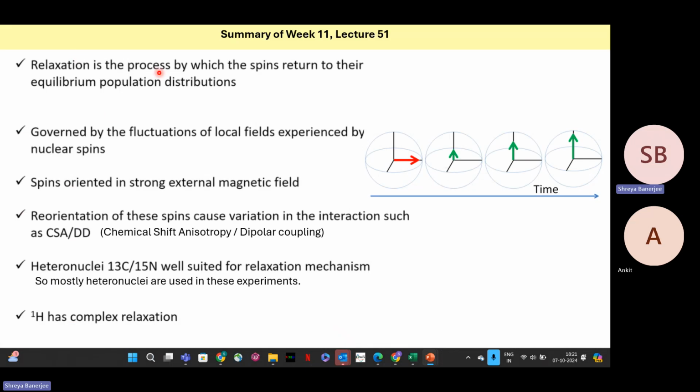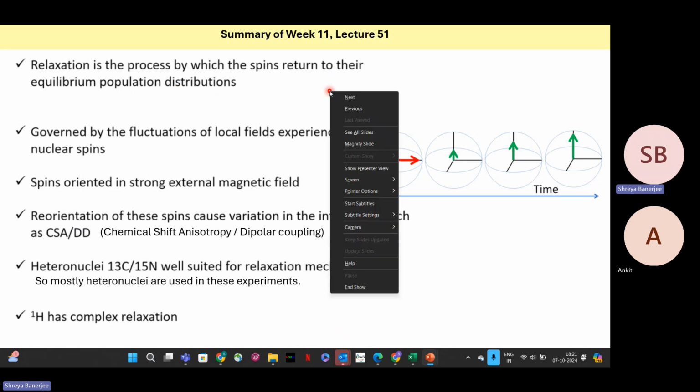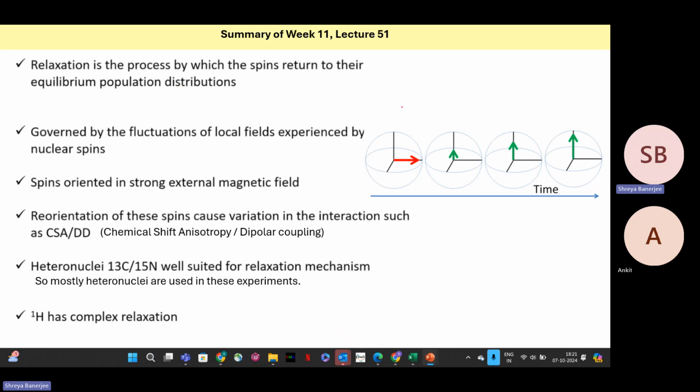Right. So relaxation is the process by which the spin returns to its equilibrium population distribution. We know that the initial magnetization is in the Z direction. A 90-degree pulse is applied and the Z direction magnetization comes down to the XY plane.